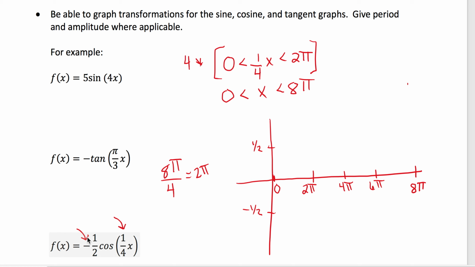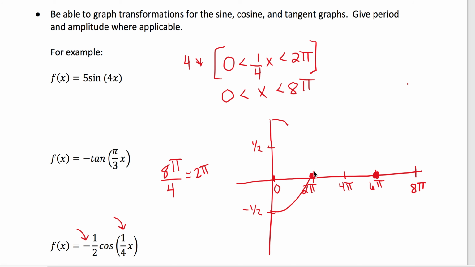All right, so I know that on a typical cosine graph, I have an x-intercept at the 2nd point and the 4th point. I know that normally my graph starts up here at 1, but this time it's going to start at 1/2, and it's also going to flip. So it's actually going to be starting down here at -1/2.